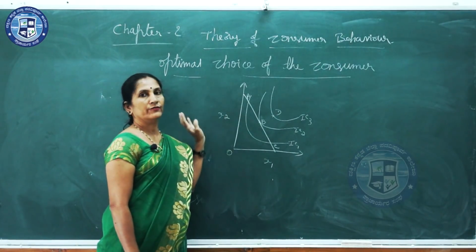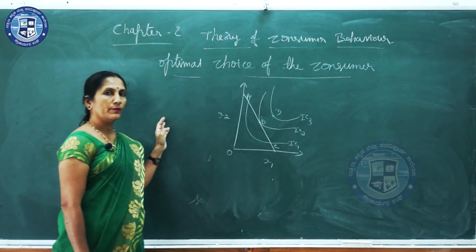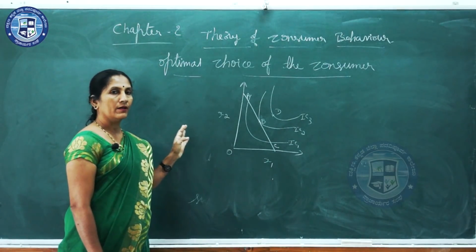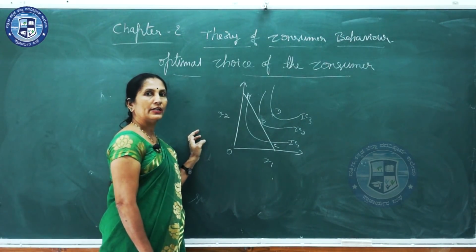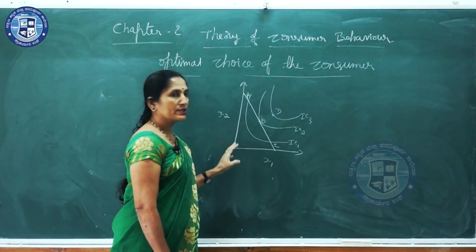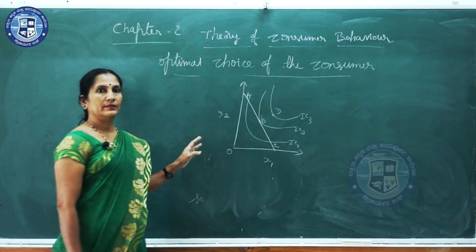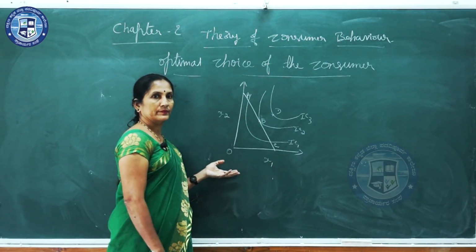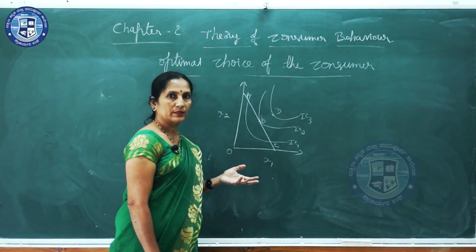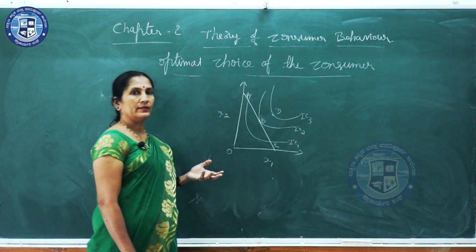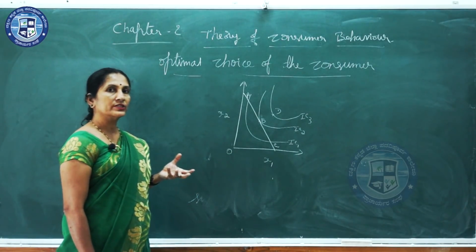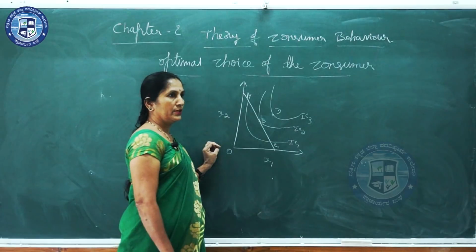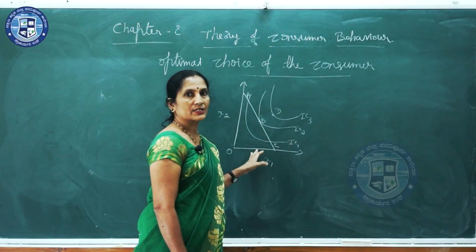Another aspect we are going to study is the optimal choice of the consumer. In economics, it is assumed that all consumers are rational individuals. A rational individual knows what is good and what is bad. In every situation, the rational consumer chooses what is helpful to him, what gives him maximum satisfaction.